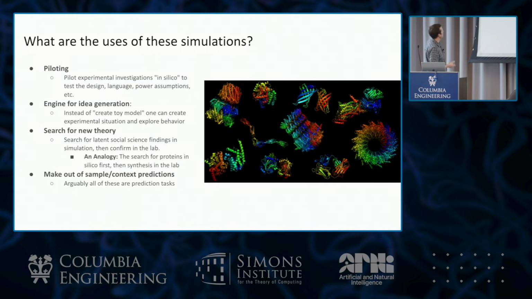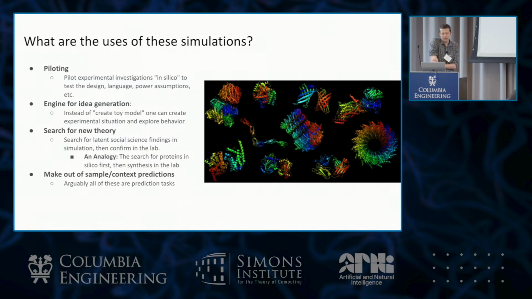The second is this notion of an engine for idea generation. If you're trying to think about what research to do, or what questions to explore, having the ability to simulate your idea ahead of time, now, it doesn't tell you how the real world is going to turn out, obviously, but it might give you some ideas about what's worth doing.